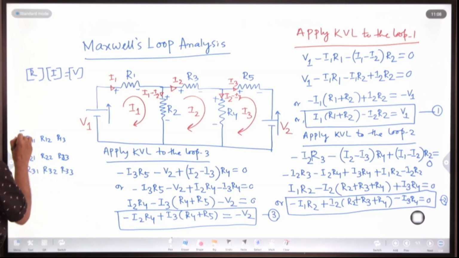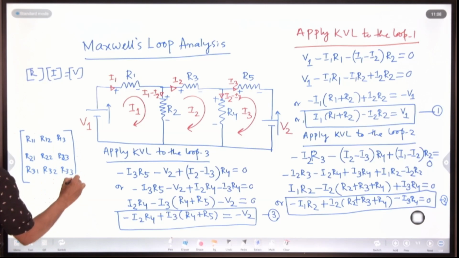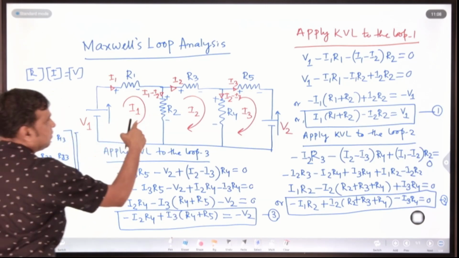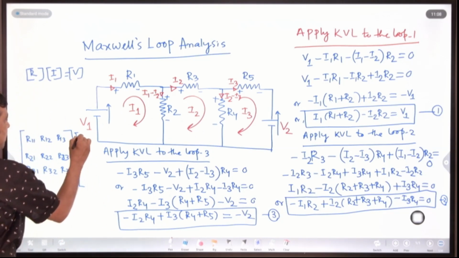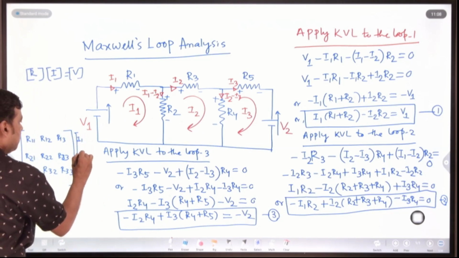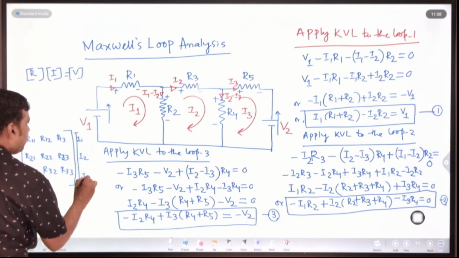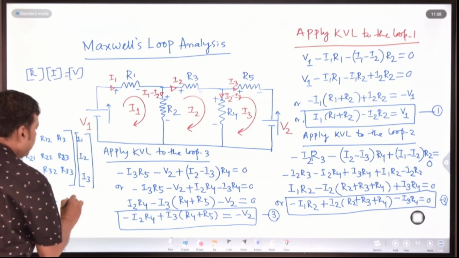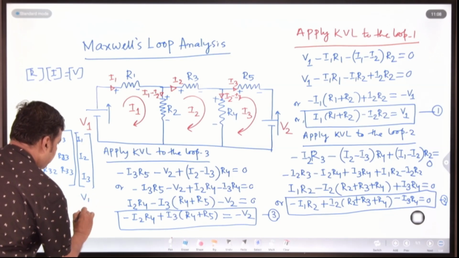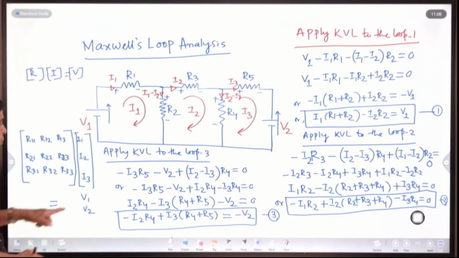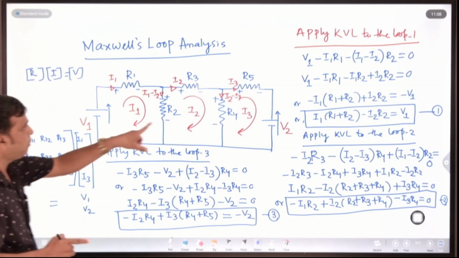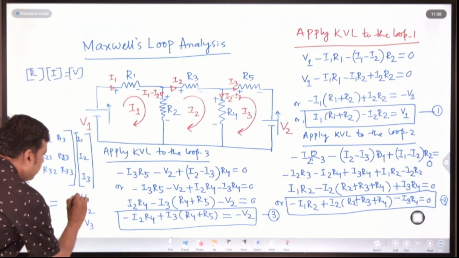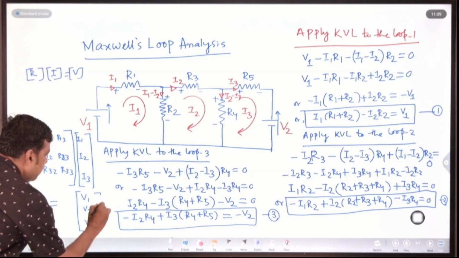This is your 3 into 3 resistance matrix, into the current matrix. There are 3 currents, I1, I2 and I3, equal to the net voltage. There are 3 loops, so the net voltage in loop 1 is V1, in loop 2 is V2, and in loop 3 is V3.